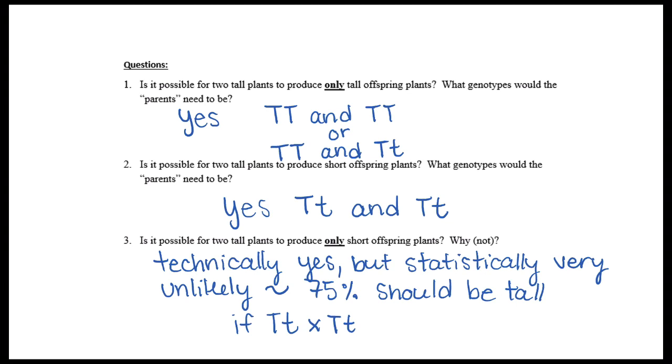Getting the 25% is much more likely to happen in an animal than a plant, so that's important to know, mainly because mammals, for example, don't usually have hundreds and hundreds of babies. So it's statistically closer to that 25% short and 75% tall split in plants.